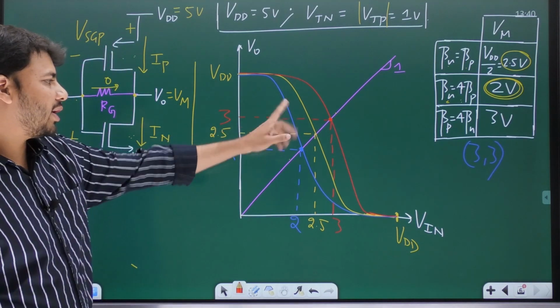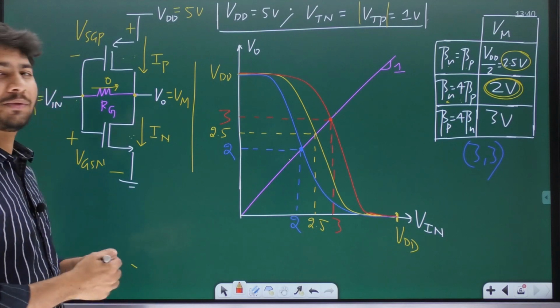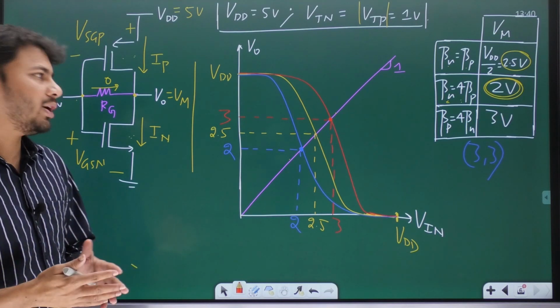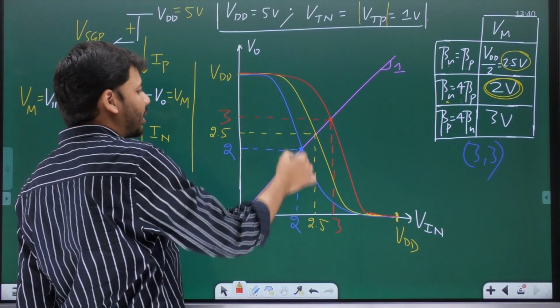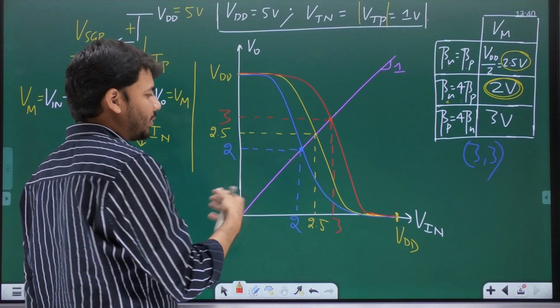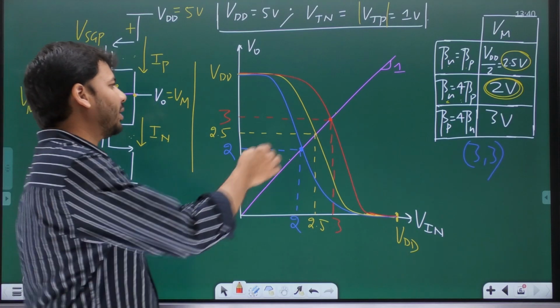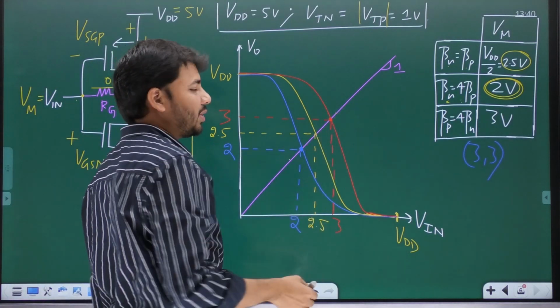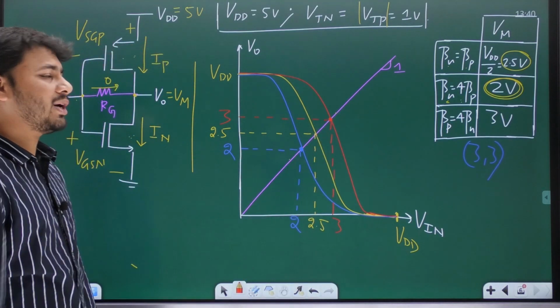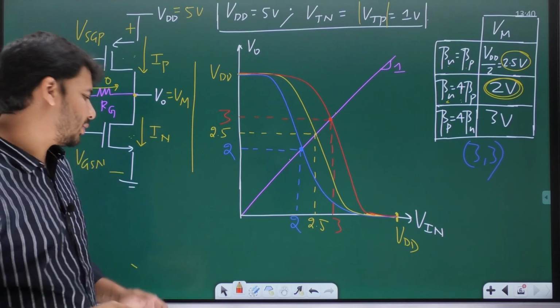So the middle yellow color VTC is for the 2 transistors being equally strong. The blue color VTC on the left side is for the case where NMOS is stronger than PMOS. And the red color VTC on the right side is for the case where PMOS is stronger than NMOS.